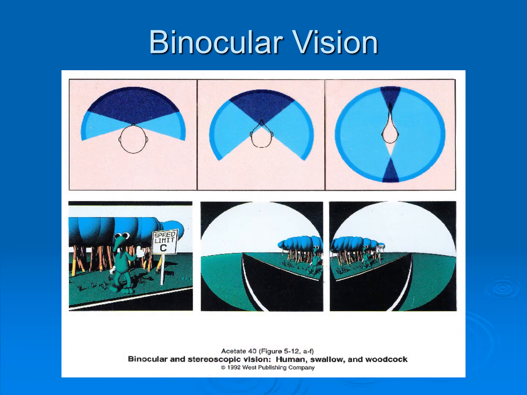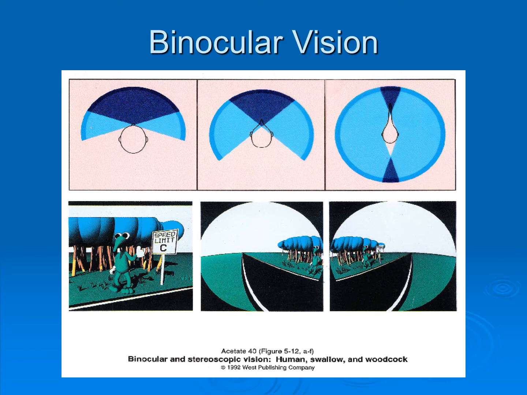This just shows you some different creatures and their visual systems. So on the far left is a human who has lots of central vision in the dark blue and sacrifices peripheral vision because his eyes are in front of his head. In the middle is a swallow, a small bird that flies around, whipping in and out of tree branches.